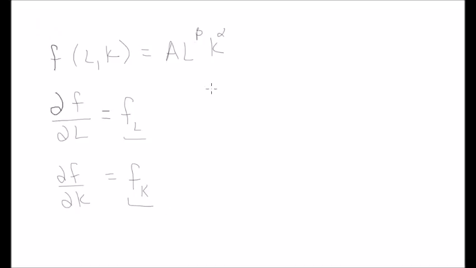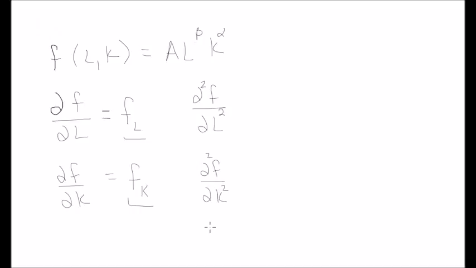If you want to denote the second derivative, notice that you'll be able to take the second derivative with respect to either L or K. If you take it twice with respect to L, you would have script d squared f over script d L squared. If you're taking both derivatives with respect to K, you could write d squared f over dK squared.